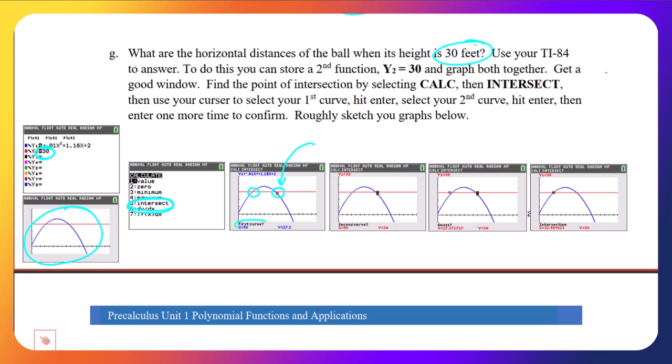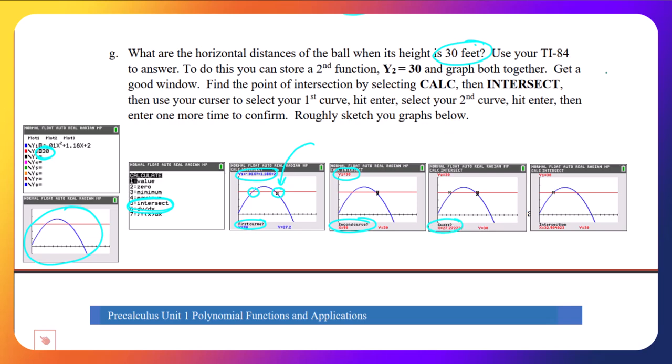Choose that, and it'll say first curve. You'll see up here that's the parabola, F1, Y1. Press enter, just press enter, nothing to do, and then it'll say second curve, and the y equals 30 shows up. Just press enter again. So you've chosen the blue graph and the red graph.